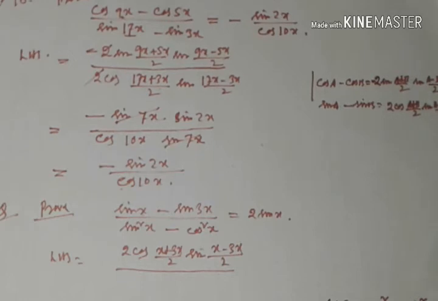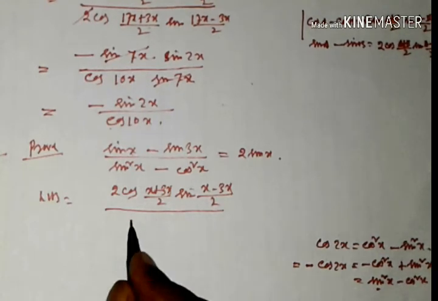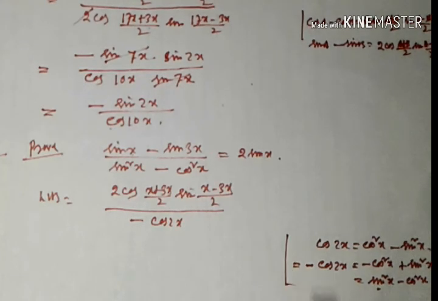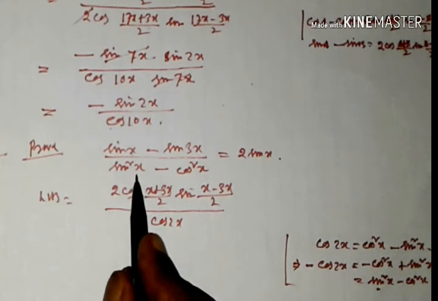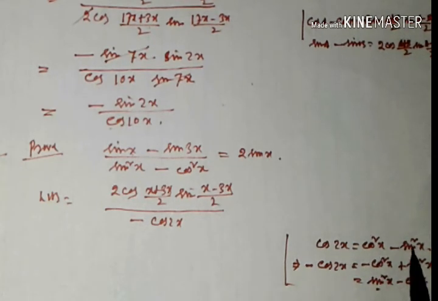If we write sin square x minus cos square x, then it will be minus cos 2x. This is the reason why we write sin square x minus cos square x as minus cos 2x. Cos 2x equals cos square minus sin square, so if we write sin square minus cos square, then the minus sign will come.